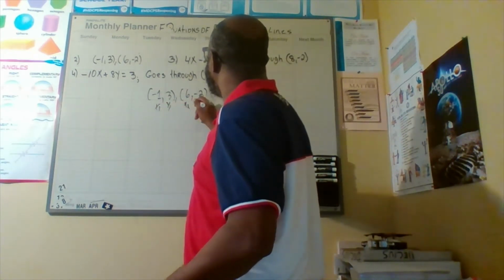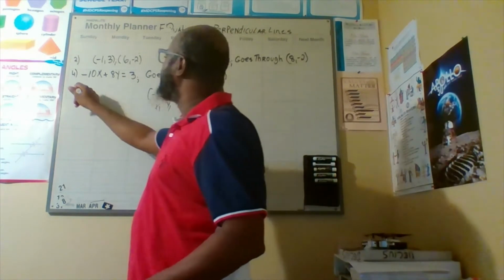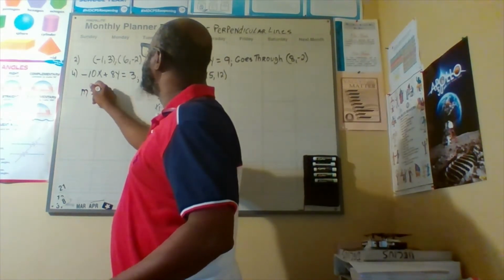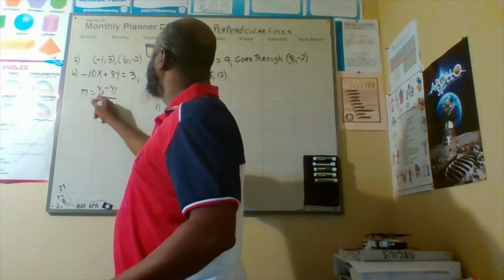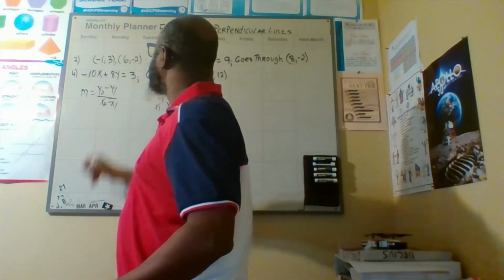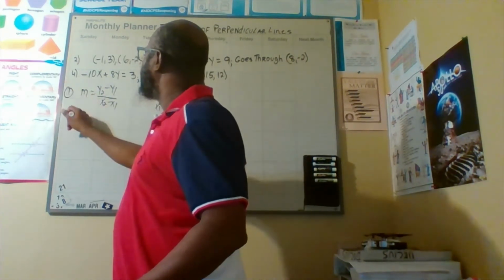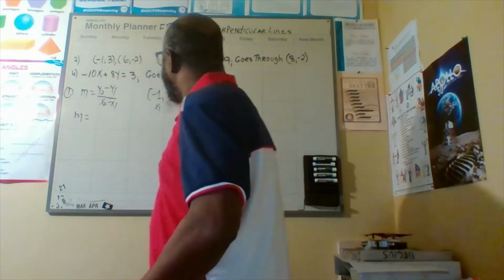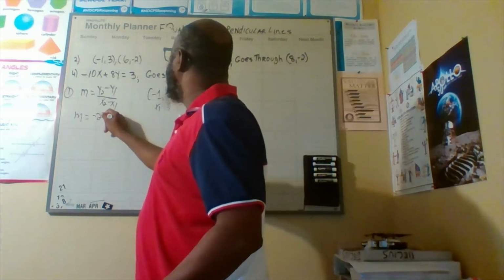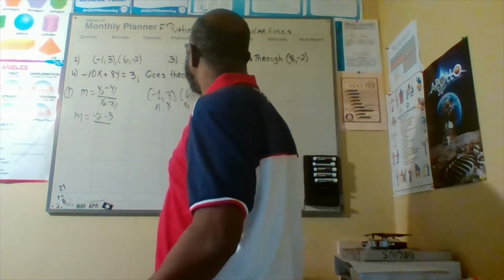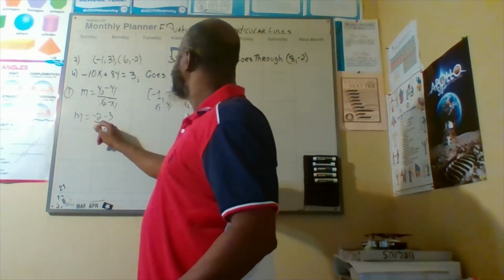I'm going to find slope. So the formula is y2 minus y1 over x2 minus x1. That's the first thing. So let's calculate this slope. Alright, my y2 is negative 2 minus y1, which is 3, over 6 minus negative 1.